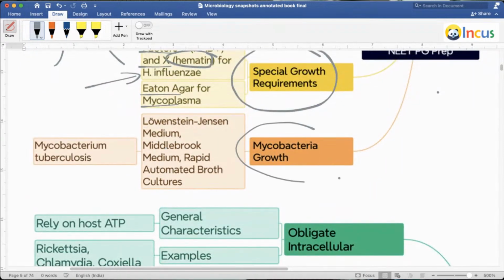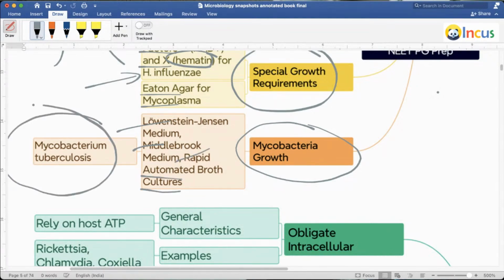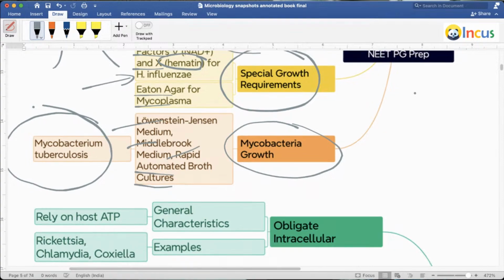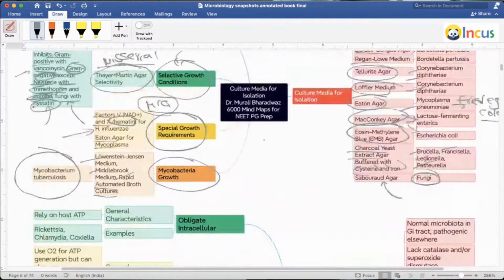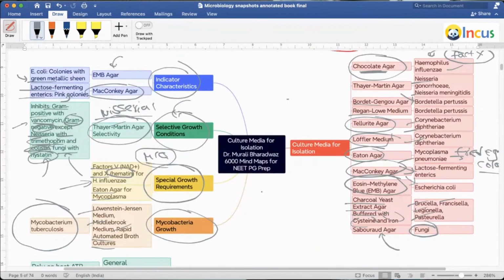Then how does Mycobacteria grow? Lowenstein-Jensen, Middlebrook, rapid automated broth culture, they all will grow Mycobacterium tuberculosis. In one mind map you got everything, right? You got everything, doctor, right?